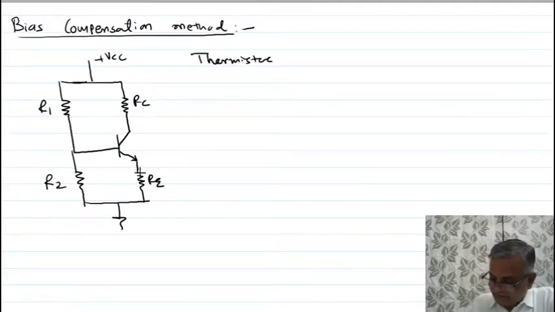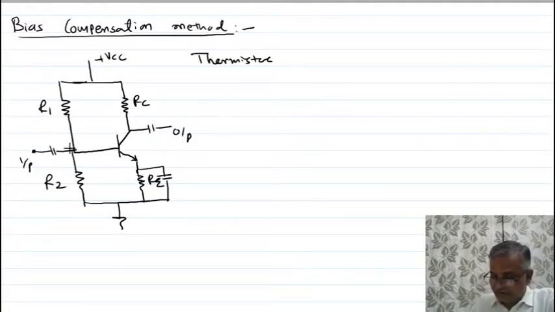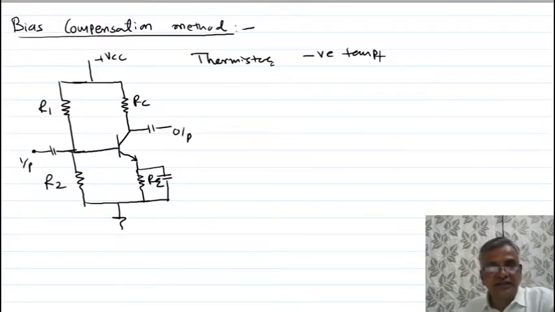I am discussing this bias compensation circuit with the help of a thermistor. This is your input voltage I am giving here, and you are getting the output voltage here. You know the thermistor property: a thermistor has a negative temperature coefficient.